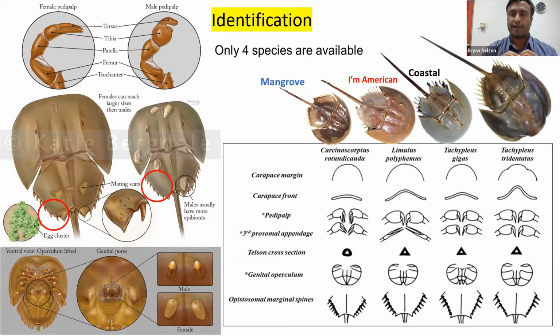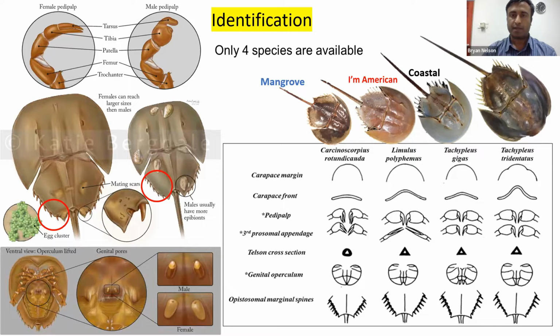So all of these, which are non-Carcinoscorpius, their tails are triangular, and the rotundicauda is the only one with a rounded tail. And when we look at other morphometrics, we learn that their genital operculum also appears differently. Their carapace front, when we put them facing us, also appears differently. And the larger the crab, the longer the spines appear.